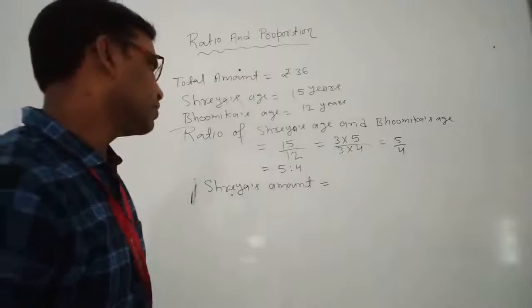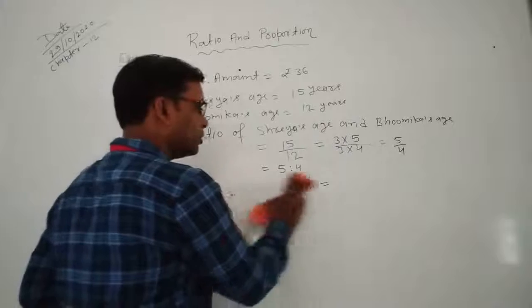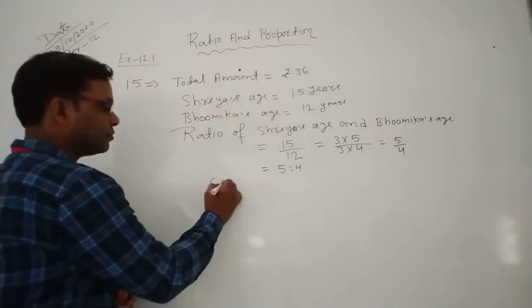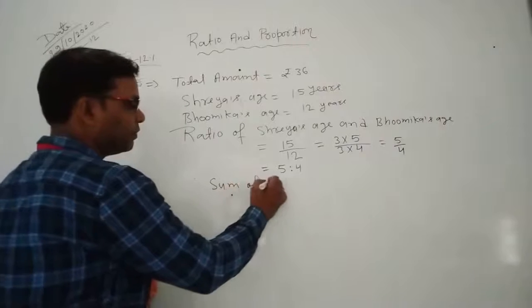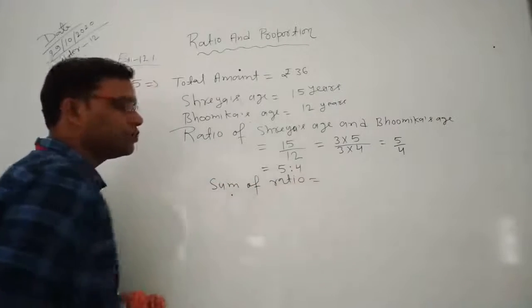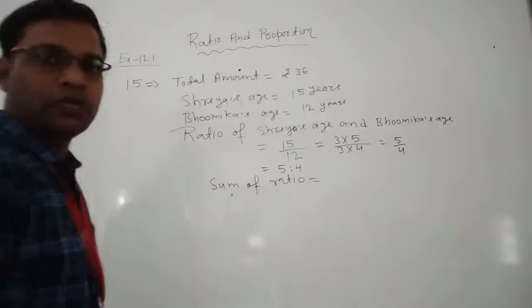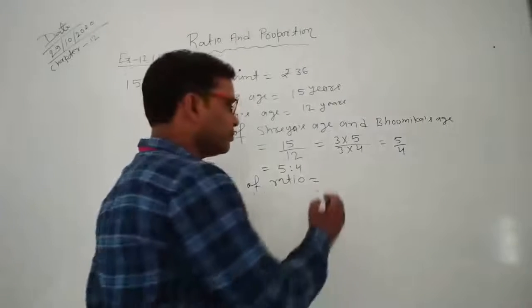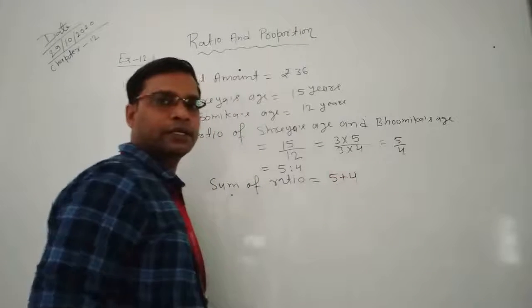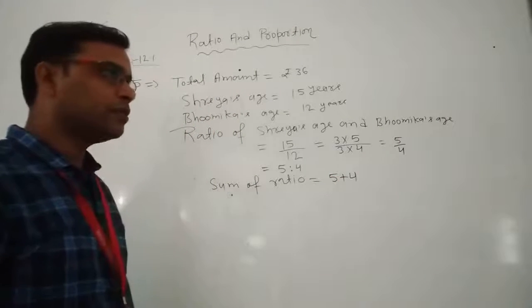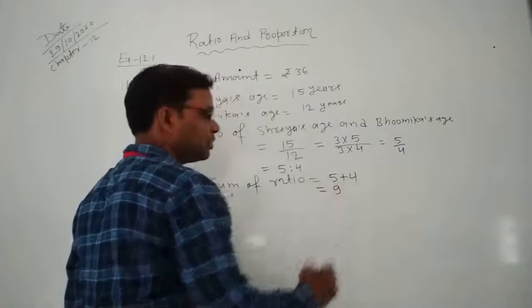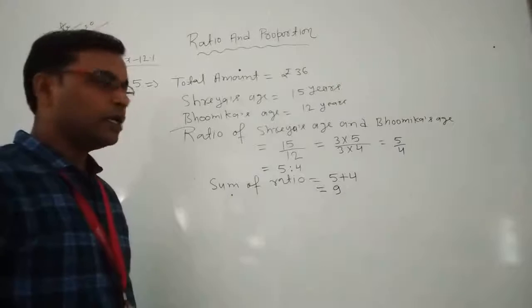What is the sum of ratio? Here we have ratio 5:4. So sum of ratio is equal to 5 plus 4. Clear? So 5 plus 4, this is equal to 9. Sum of ratio is equal to 9.